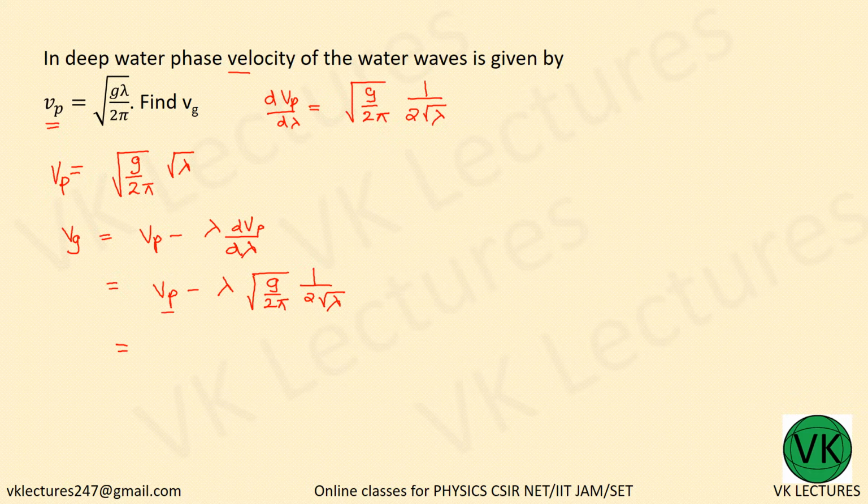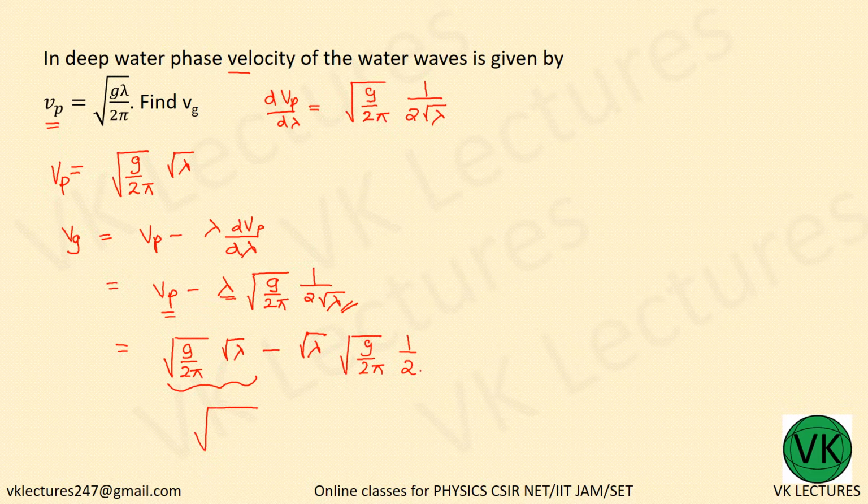Now substitute Vp: under root g by 2 pi into root lambda, minus lambda times root of g by 2 pi into 1 by 2 root lambda, where the lambda reduces to root lambda.